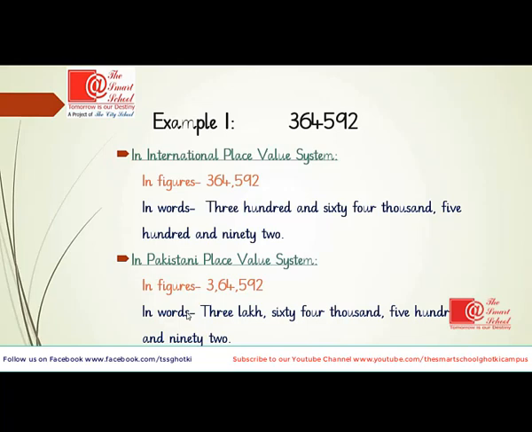And in words we will write 364,592. And in the Pakistani place value system, we write 3 digits, comma, then 2 digits, comma, and then the last digit. And we will write it as 3,64,592.